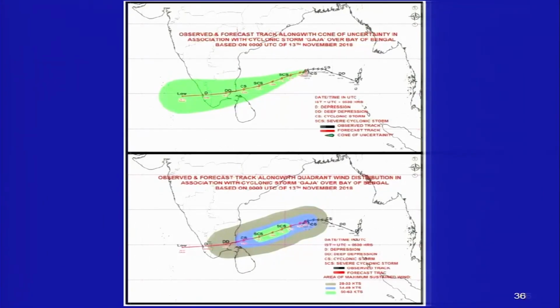So as I was talking about in one of the slides, you will find some very typical track along which this cyclone has moved, okay, and the notations which have been given here, like TD, CS, SCS, stand for D depression, DD is deep depression, then cyclonic storm, and then severe cyclonic storm.